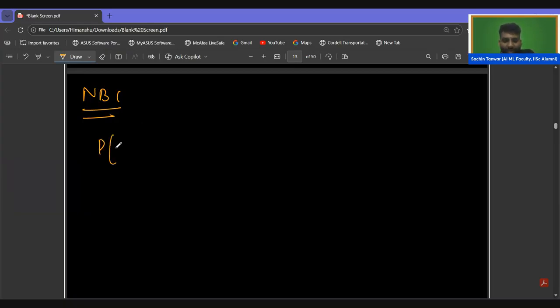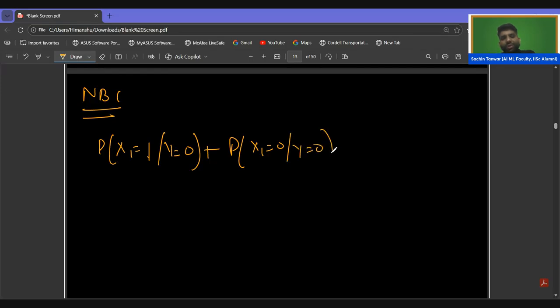So what would happen? The same principle would apply over here. Probability of x1 equals 1 plus probability of x1 equals 0 given y equals 0 is also 1. I know that. So that means I would just need 1 over here, not 2.